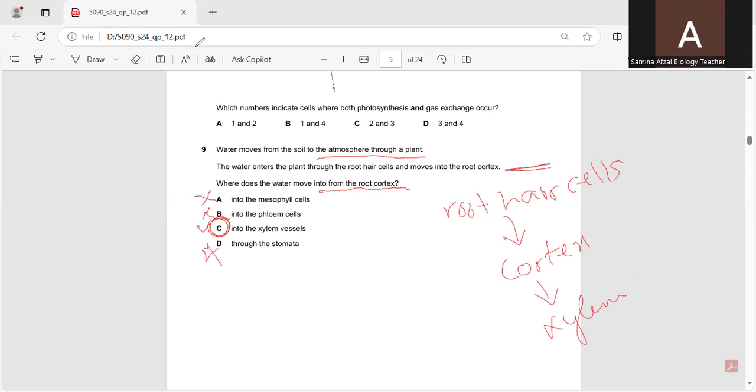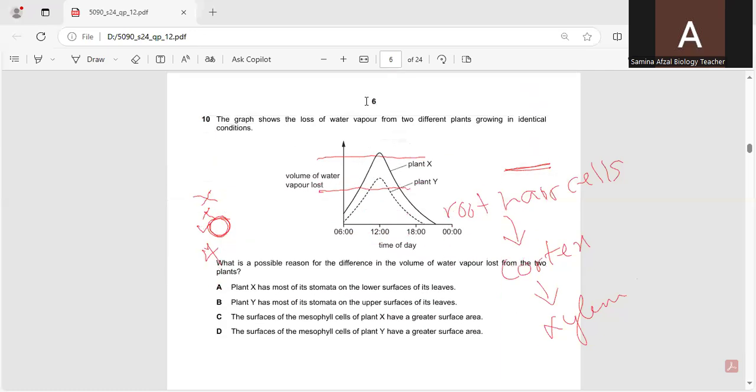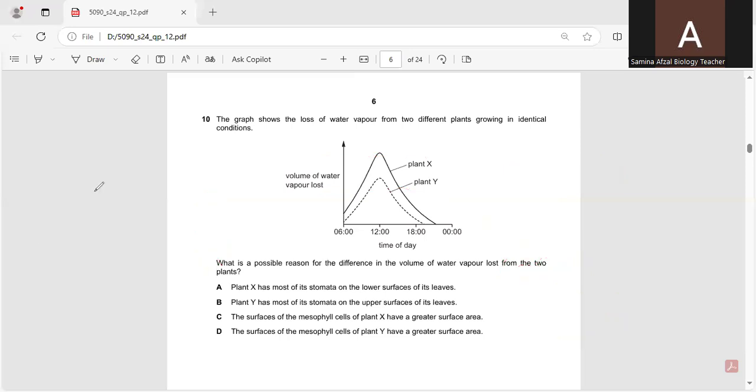And the next question is question number 10. In question number 10, we have a graph. The graph shows the loss of water vapor from two different plants growing in identical conditions, plant X and plant Y. On the x-axis is time of the day, and on the y-axis is volume of water vapor lost.